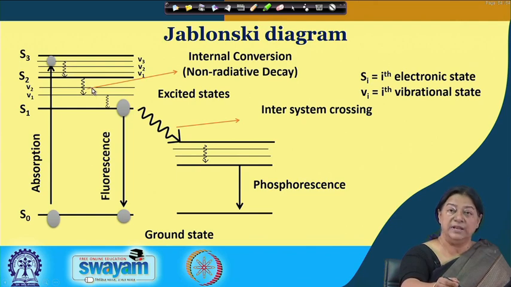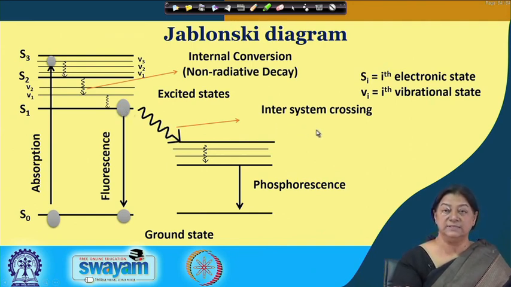This is non-radiative decay. When it comes to this state, this is the triplet state. In the triplet state, it will again lose its energy. So, we have in this case a singlet to triplet transfer, which is called intersystem crossing, which, as I mentioned in the beginning, is something that you should read from the book to get a better idea of what we mean by these specific processes.